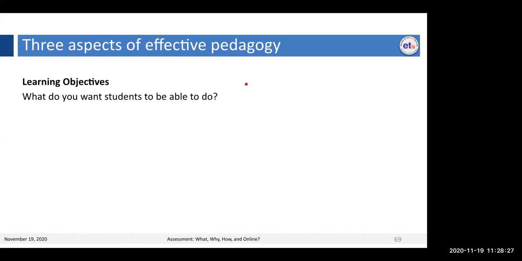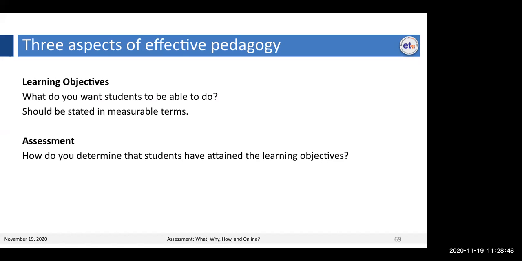For the learning objective, you have to decide what you want students to be able to do, and it should be stated in a measurable form. In the previous example, my learning objective was that students should be able to predict XYZ, right? Then assessment should talk about how you determine that students have attained the learning objectives, and it should be aligned with the learning objective.